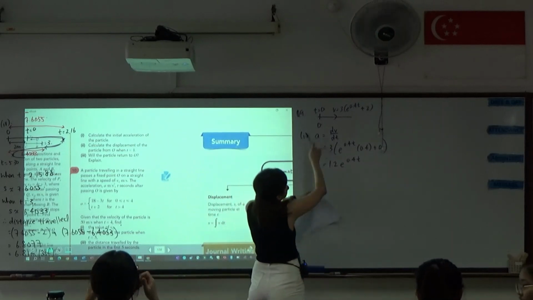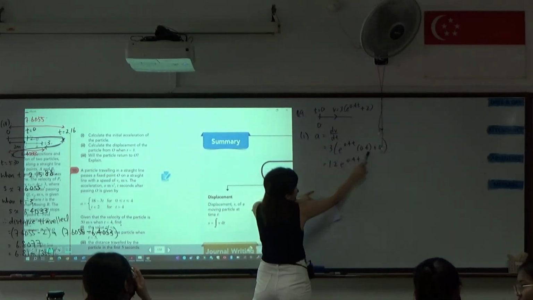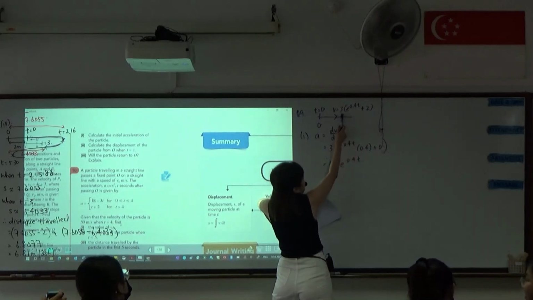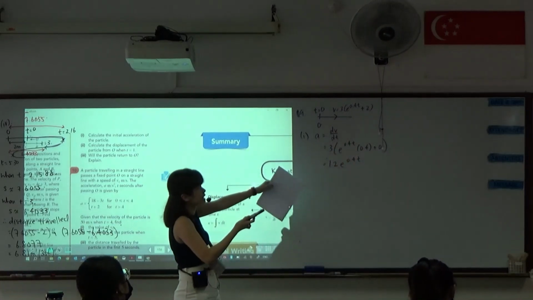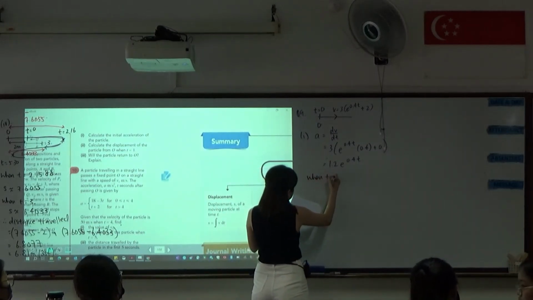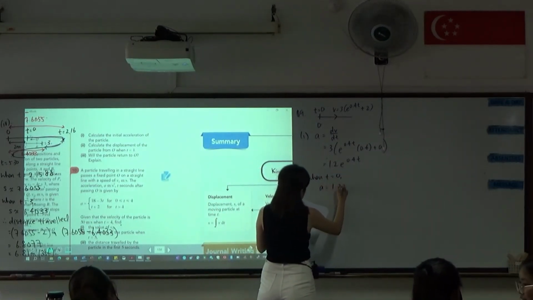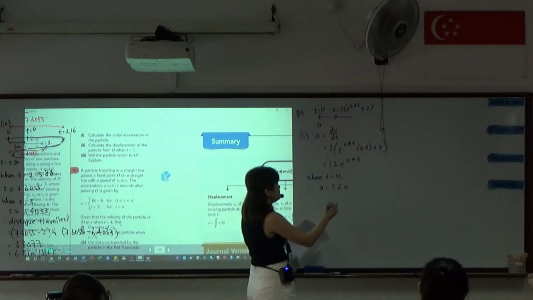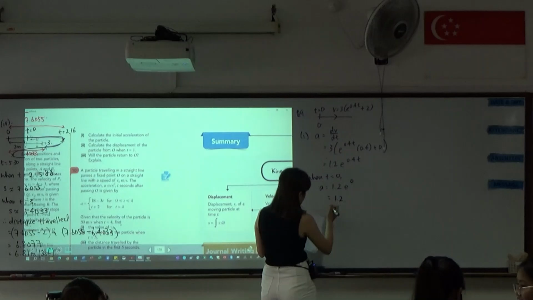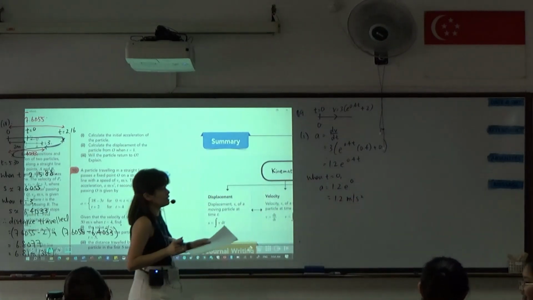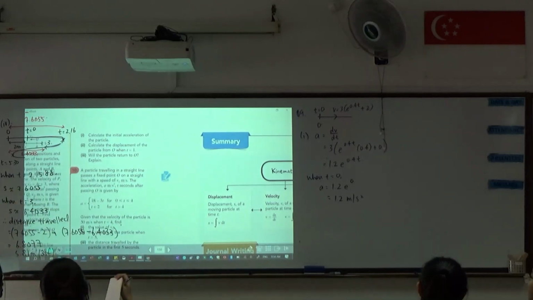If you apply a product rule, essentially you're keeping the left side, differentiating the right side, and then keeping the right side, differentiating the left of 3, which is 0, so that's why there isn't the second part. So when t equals to 0, the initial acceleration will be 1.2 meter per second squared. So that's the initial acceleration.